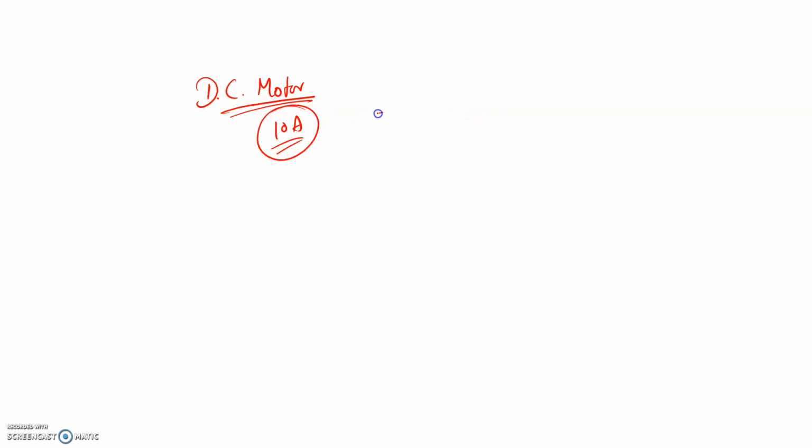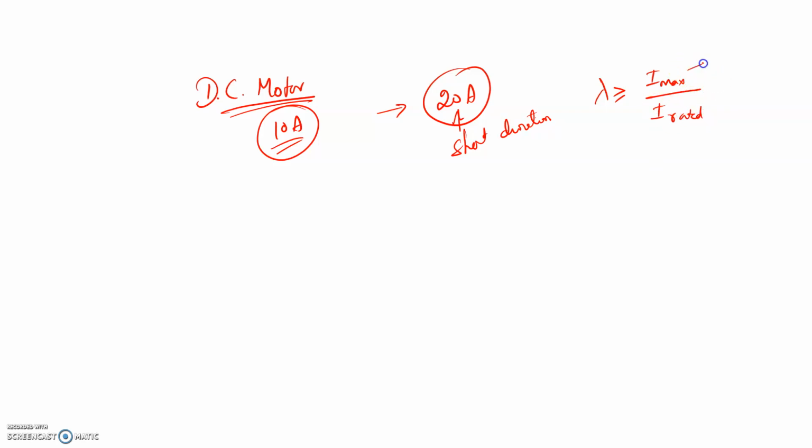I can exceed the current rating to 20 amperes for a short duration. We can relate that as lambda should be greater than or equal to I max by I rated, where I max is 20 and I rated is 10.